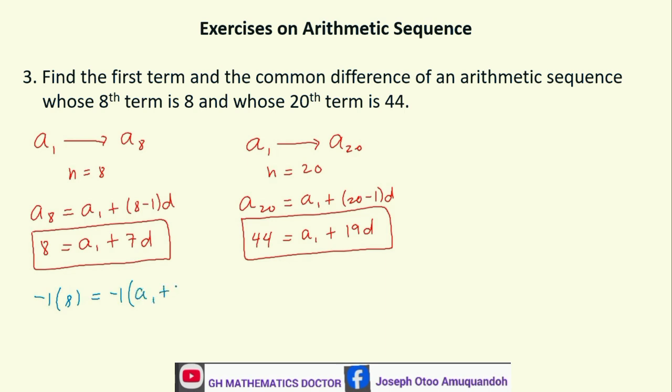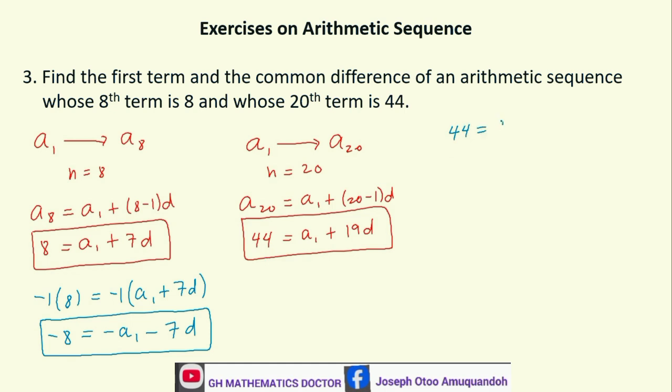Multiply through equation 1 by -1, and you're going to get a new expression for equation 1. So with this new equation 1, we are going to add it to equation 2. So it will be simple for us to cancel one of the variables. So let's do the addition.